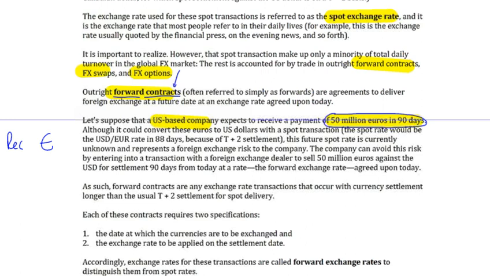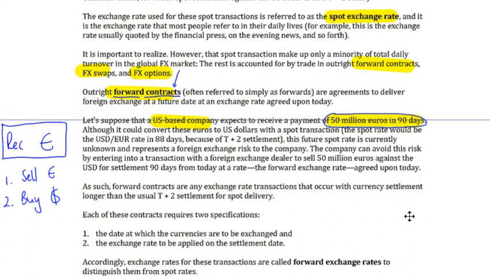What do they want? Well, their home currency is dollars. So when they receive the euros, just to follow the transactions, number one is they're going to sell them. They've got euros in their hands. They don't want euros. They're going to sell euros, and essentially they're going to be buying dollars. Okay, that's just a way of looking at it.